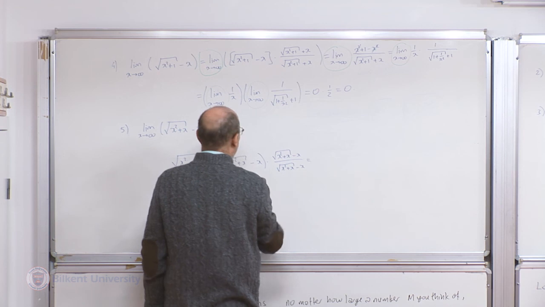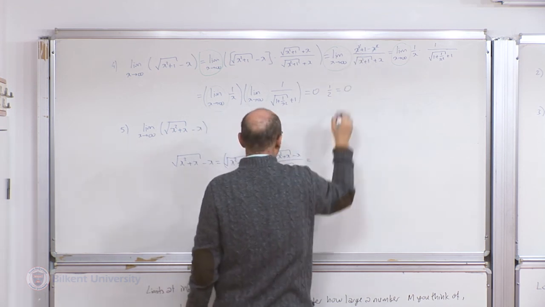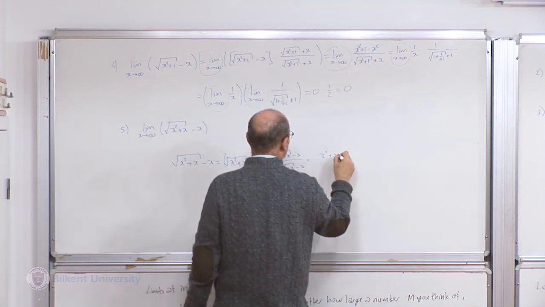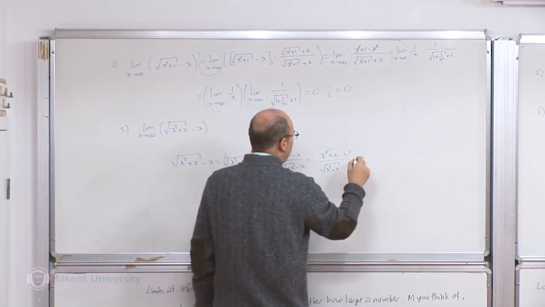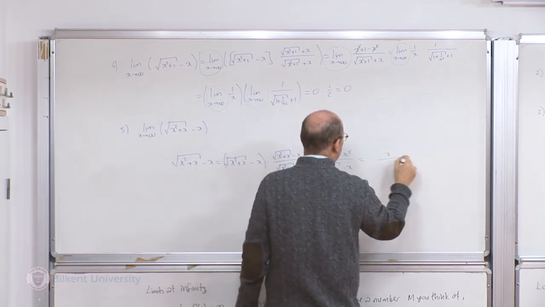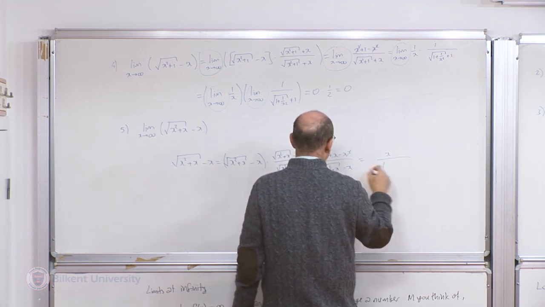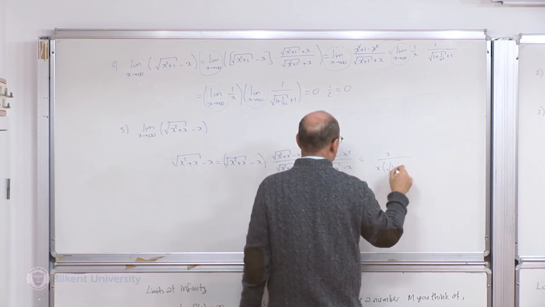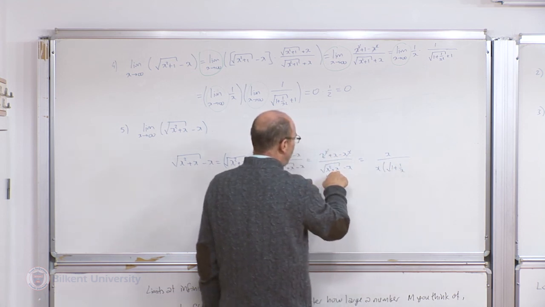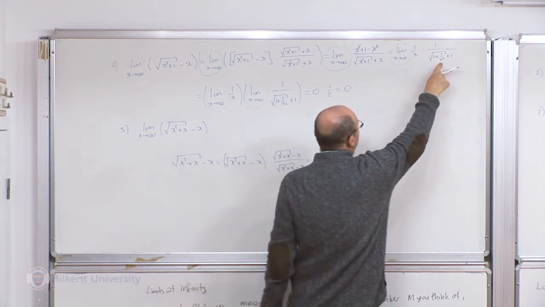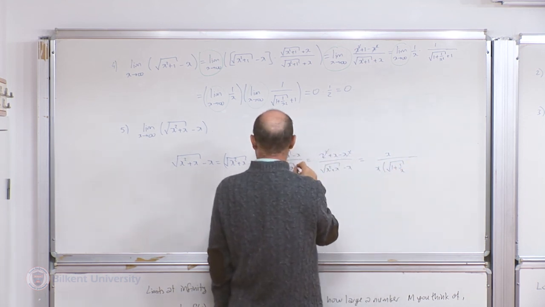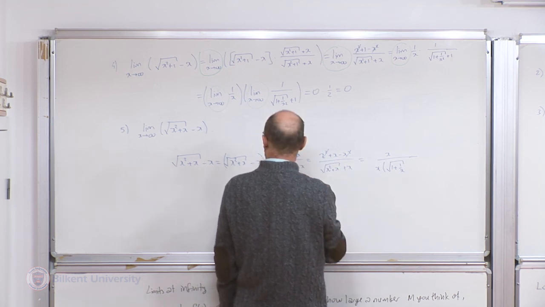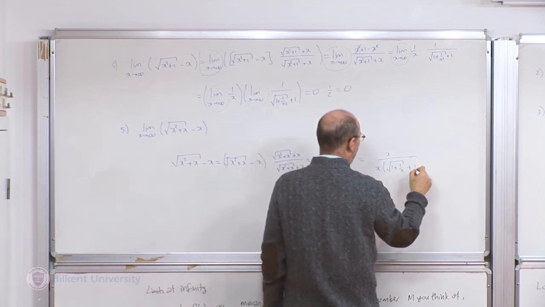Now I am here: x squared plus x minus x squared, over the square root of x squared plus x plus x. These cancel. Now I divide everything by x here. So x comes out, and inside I have 1 plus 1 over x. I'm dividing this by x squared, just like I did here. And I have this is plus, and here I have plus 1.